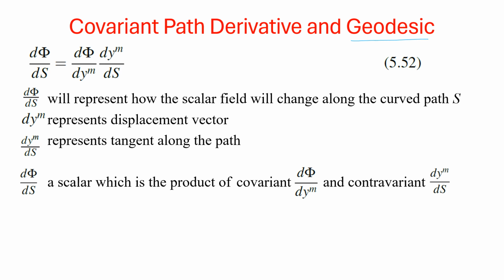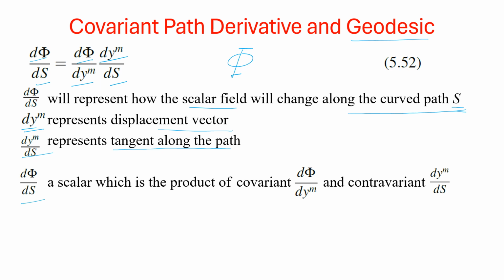So here d phi by ds is equal to d phi by dy m into dy m by ds, a kind of chain rule. d phi by ds represents how the scalar field phi changes along the curved path s, dy m represents a displacement vector, and dy m by ds represents the tangent. Obviously the rate of change of y m with respect to s will be tangent along the path.